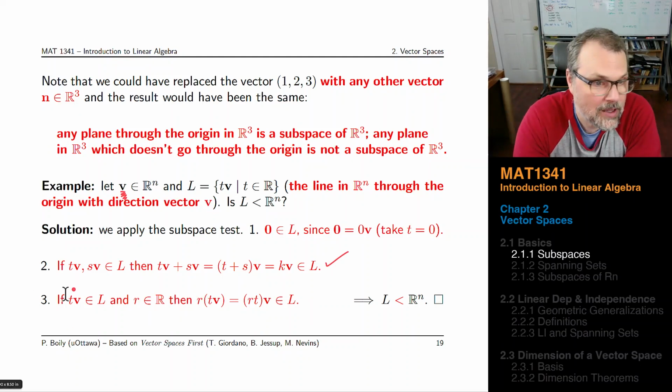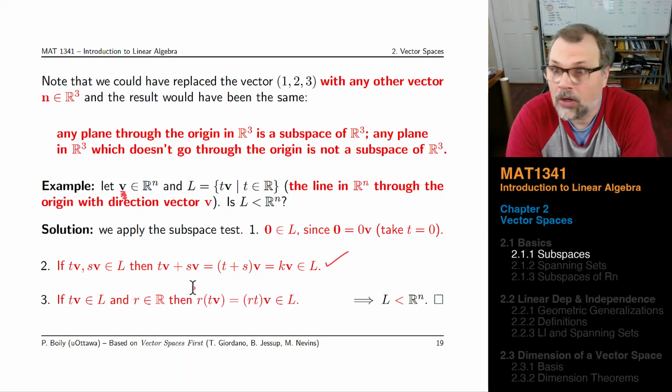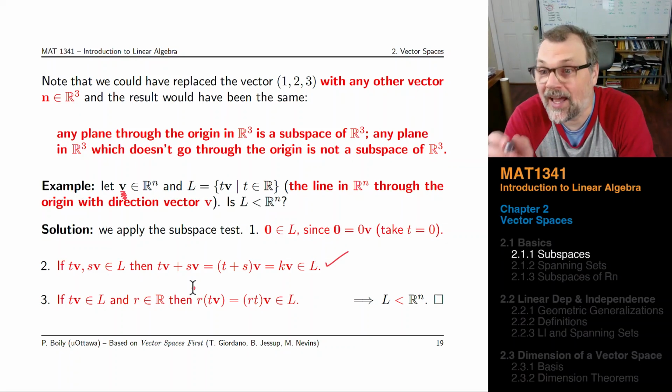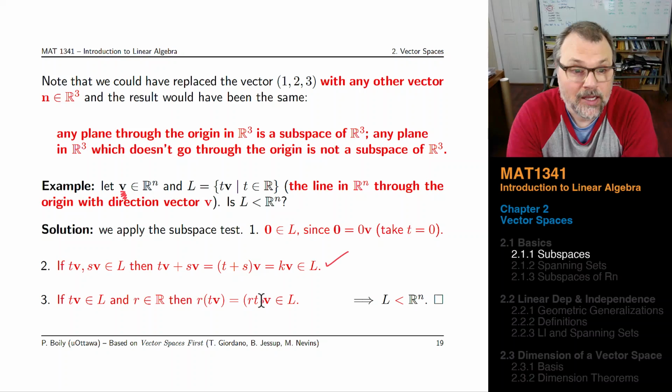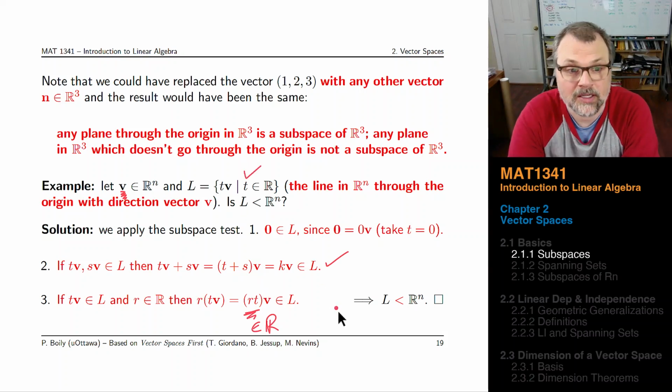So if I have a vector in L and I stretch or scale it by a factor r, the new result will be r times tv. That is a vector for sure. The question is, it's in Rn, but is it also in L? What does it take to be in L? It needs to be written as a scalar, some real number, times v. But sure enough, r times tv is the same thing as rt times v. rt is a real number. And so I have here something in the reals times the vector v. Yeah, that is in L.